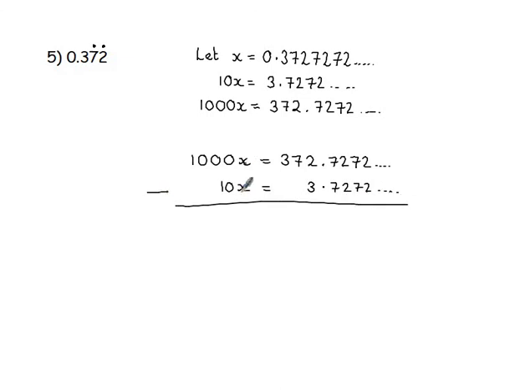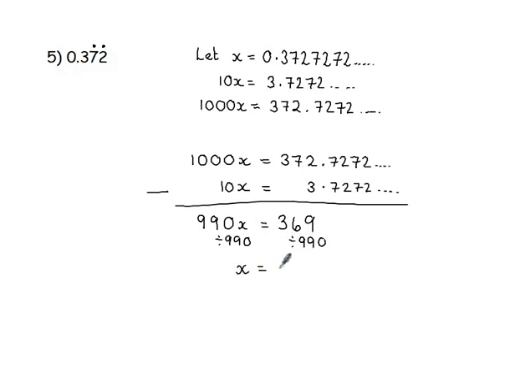So again, 1000x take away 10x gives us 990x. We have the 7272 recurring decimals cancel, and then we have 372 take away 3, which gives us 369. Divide through by that 990 to get your x on its own. So divide by 990 to both sides.